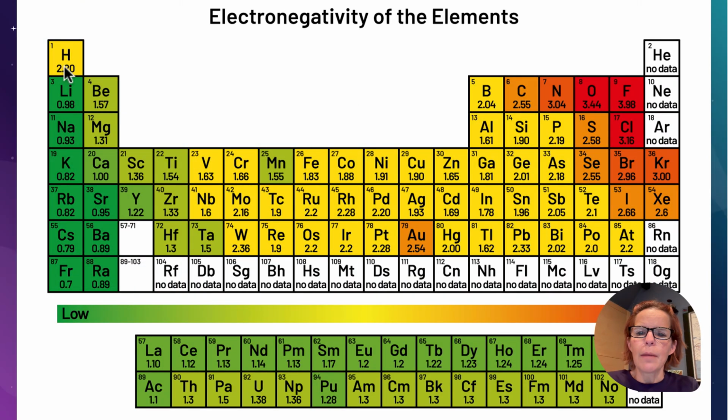We have H is a 2.2 and O is a 3.44. Hey, by the way, sometimes the tables of electronegativities that you find online are subtly different. So don't panic if my numbers are a little bit different than yours are. So we're going to subtract 2.2 and 3.44, and we get about a 1.36. Did I do that math in my head right?